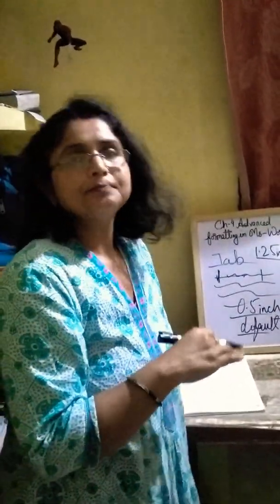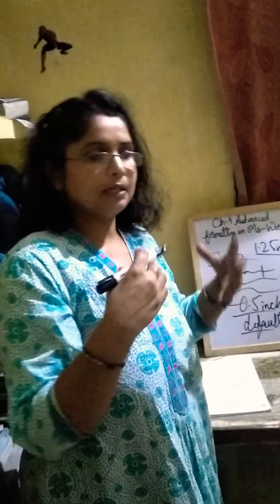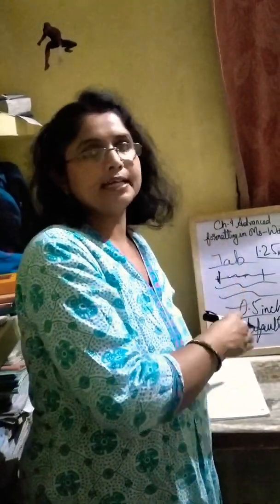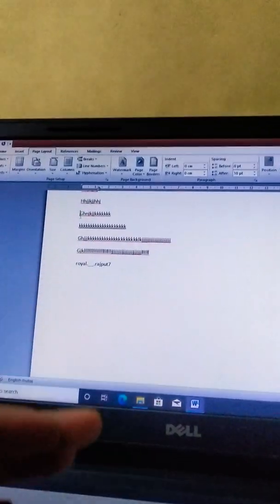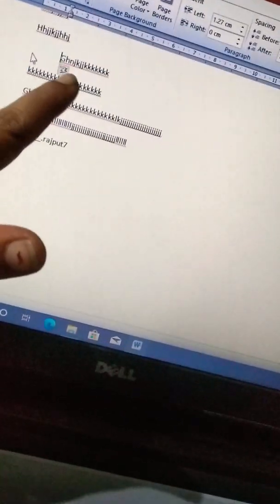Okay children, now I will show you practically how you will set them. See here, if you are here and you want to move somewhere, on the keyboard this is your tab key. When you press this tab key, you can see it shifts 0.5 inch forward on the screen.